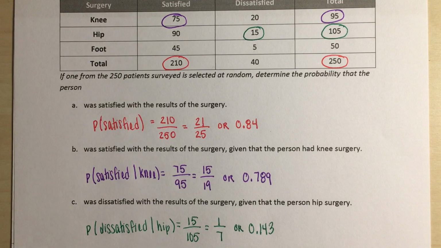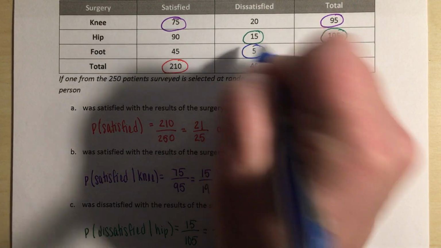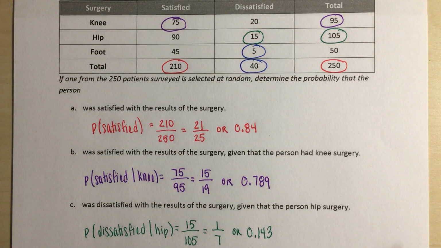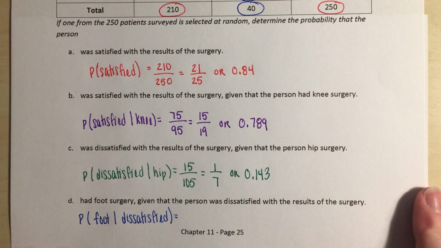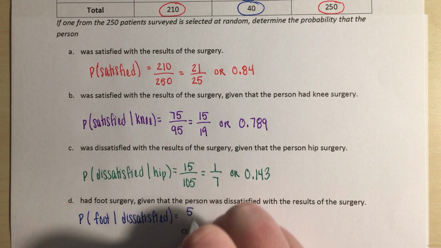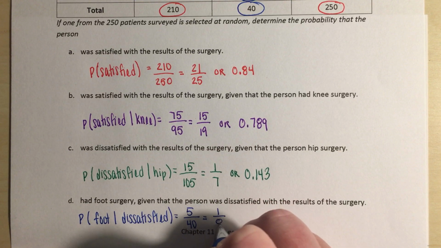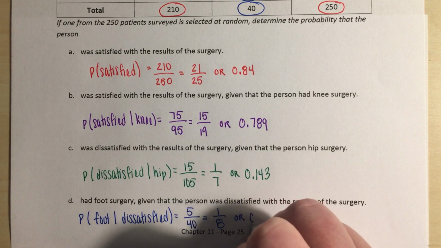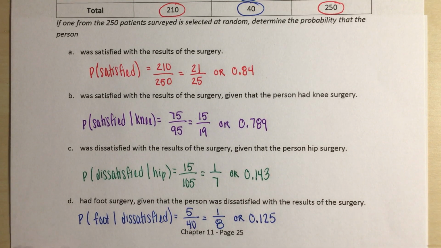We had 5 people that were dissatisfied with their foot surgery. We were given that the person was dissatisfied, so we're going to do 5 out of that 40. So 5 out of 40 reduces to, if we divide them both by 5, 1 out of 8, or if we write that as a decimal, 0.125.